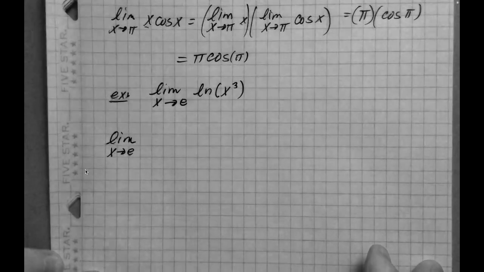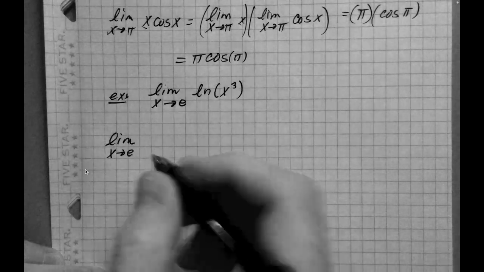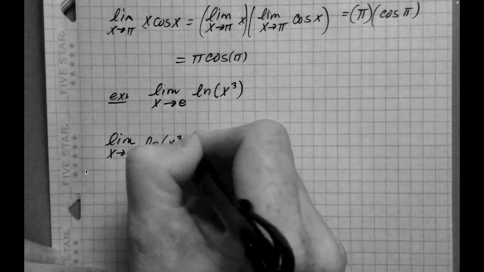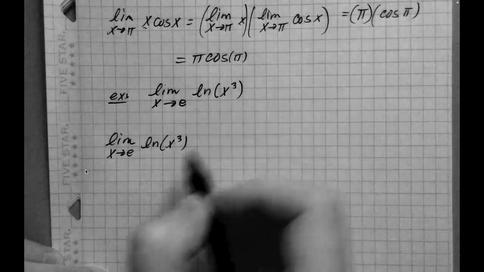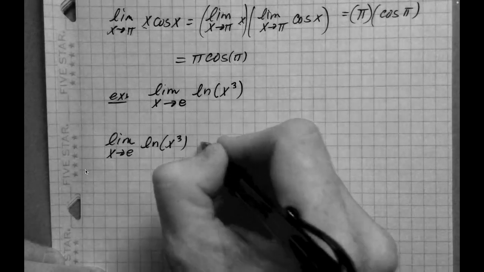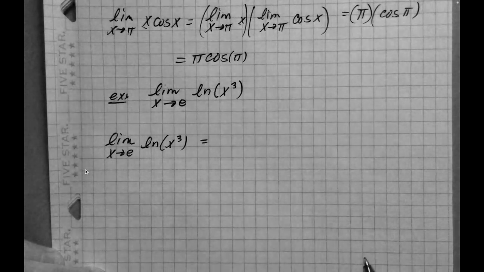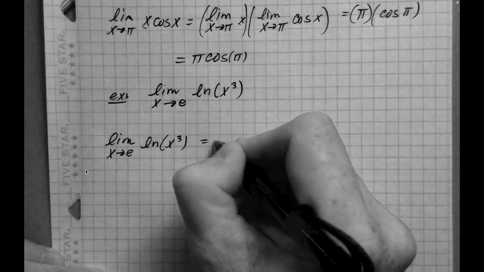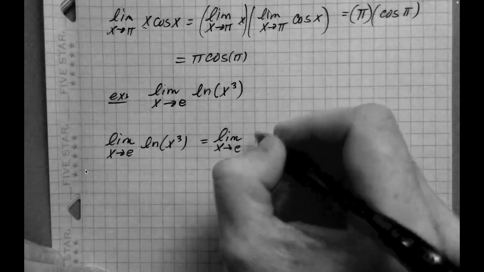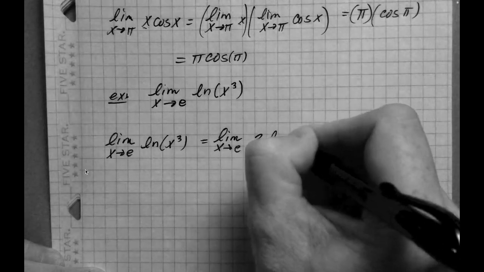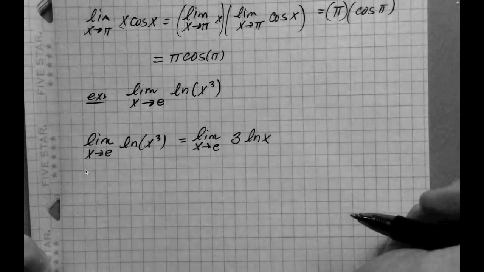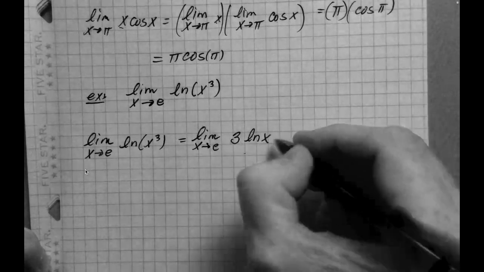Again, just lots of experience is helpful here. So the limit as x approaches e of the natural log of x cubed. Well, if you recall, the natural log of x to the n is equal to n times the natural log of x, right? So you can pull this apart a bit. Right, you get something like this. We've seen this in the algebra courses. And then, of course, you can pull the 3 out.